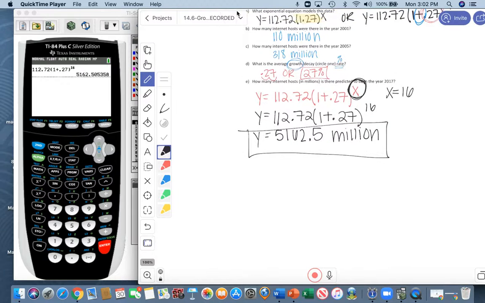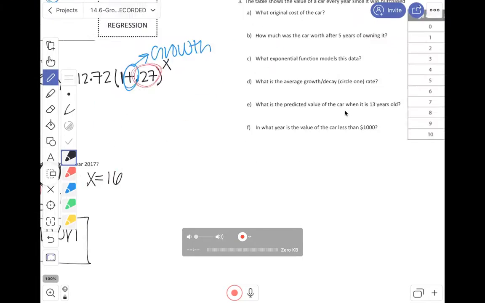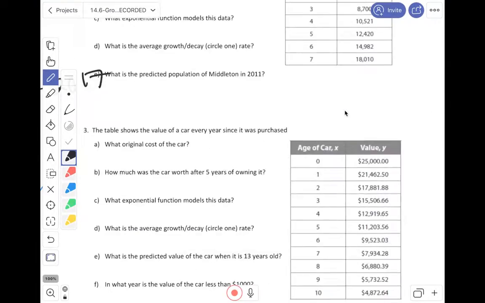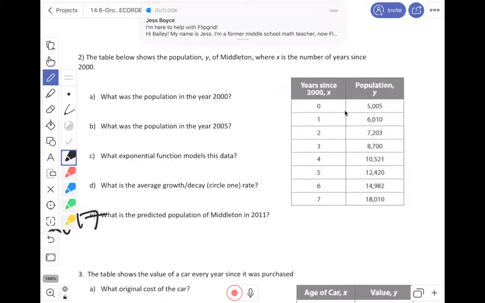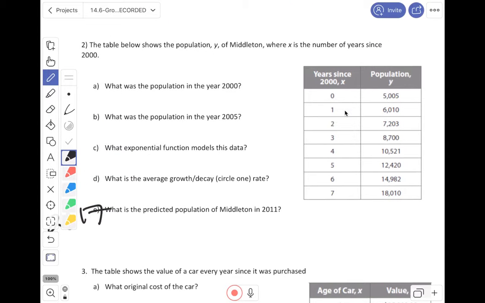Okay, let's try the next number. Here's the next one. The table below shows the population Y of Middleton, where X is the number of years since 2000. It says, what is the population in the year 2000?